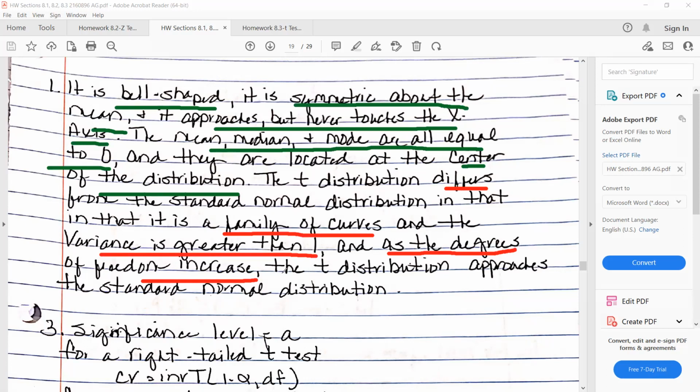It approaches the standard normal. Or you can say becomes approximately normal, if you like. And the t distribution is a family of curves. And the variance is greater than 1.